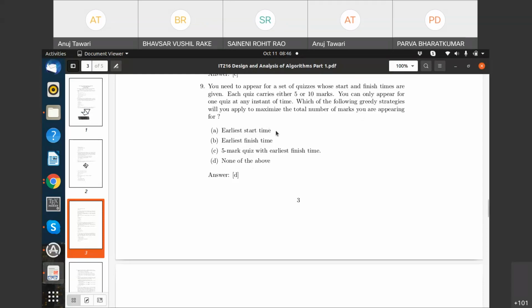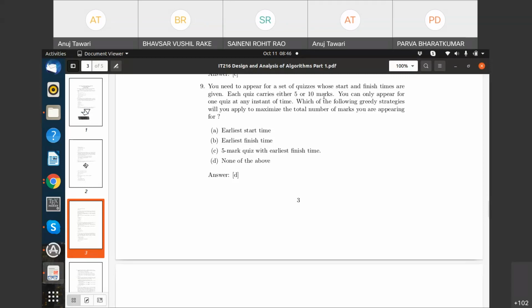You can give many counterexamples to this. Let's say you have some quiz from time 1 to 3 that carries 5 marks, and another quiz from 2 to 4 that carries 10 marks.